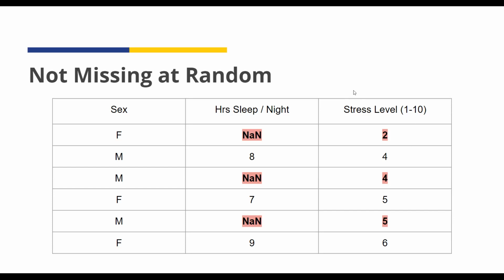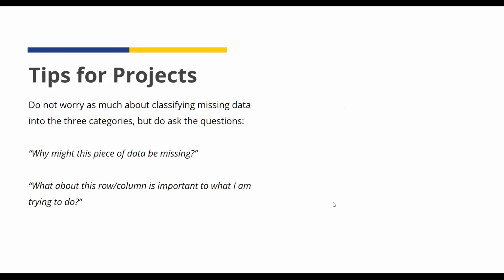So people with low stress levels did not report how much sleep they got per night. And since that is a direct relationship between what our response and our missing values are, this is something that is not missing at random. There is a reason why people are not reporting sleep, and it does very much have to do with the result, right? So that's sort of a confusing concept that I wouldn't worry too much about, but it is something to keep in mind when you're doing your projects.